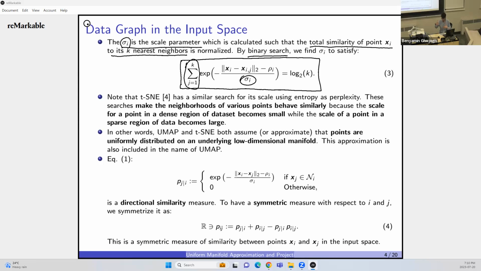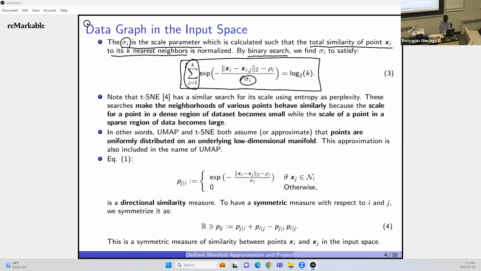Then, for example, we consider 100 and see how much it is above logarithm of k. Then we halve it. Then we consider 50. Then we see whether we became less than logarithm of k, or we are still above logarithm of k. If we are still above logarithm of k, then we halve sigma i again.